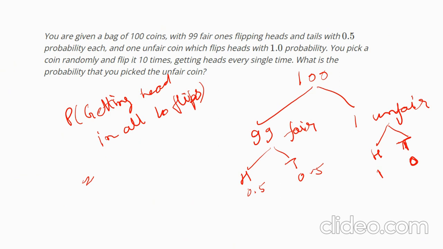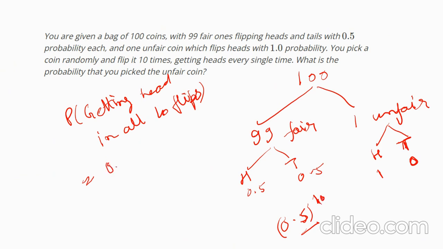Because when you toss a coin and you get head or tail, say you have got head this time, then the next time it is independent of whether you got head or tail the first time. So in the first flip the probability of getting head is 0.5, and in the second flip it will remain 0.5. In the third, in the fourth, in every flip, the probability of getting head will be 0.5. So it will be 0.5 to the power 10.